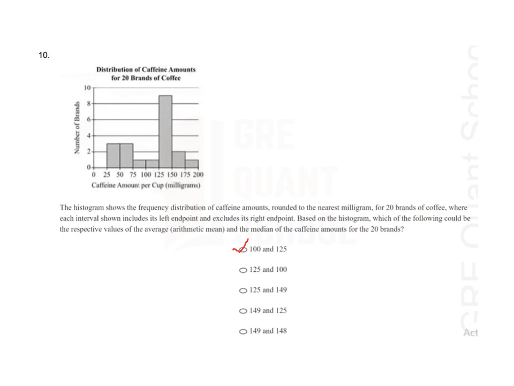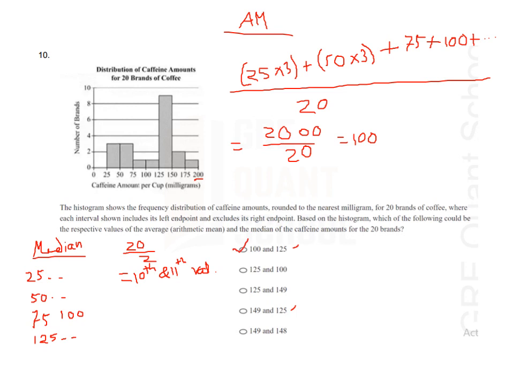So 25 is there for 3 brands, 50 is there for 3 brands, 75 for 1, 100 for 1, 125 for 9, 150 for 2, and 175 for 1. If we rearrange these numbers in order, we will find that the median will be 125. So it can be either option A or option D.